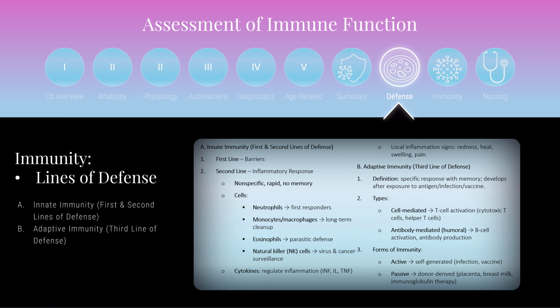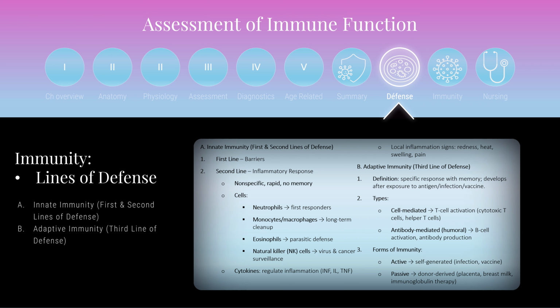So that was the first and second lines. The first line was the barriers, the second line is the inflammatory response. Now we are in category B, which has three parts. B is the adaptive immunity, the third line. Definition: a specific response where memory develops after exposure to an antigen, infection, or vaccine.